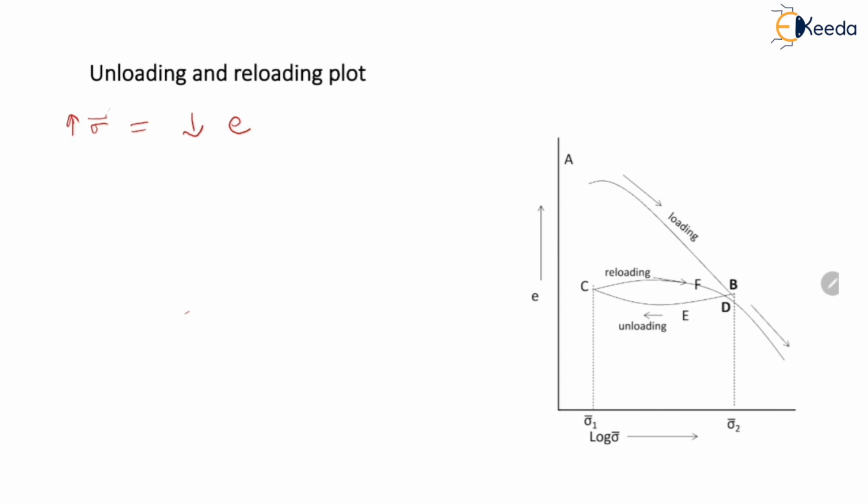So here in this plot, the curve portion AB represents loading curve. In this region, the soil is subjected to that particular pressure for the first time.